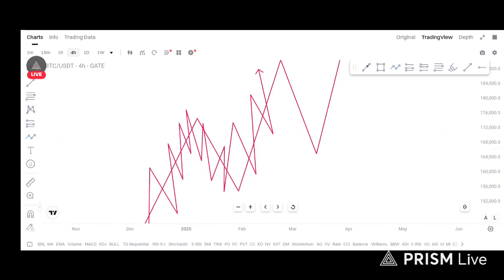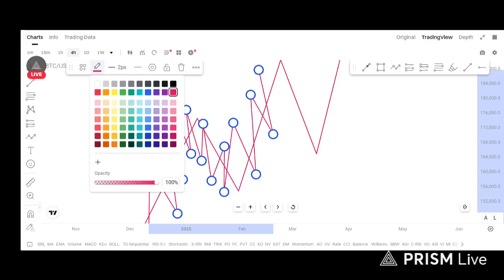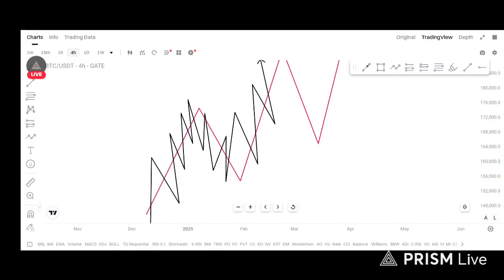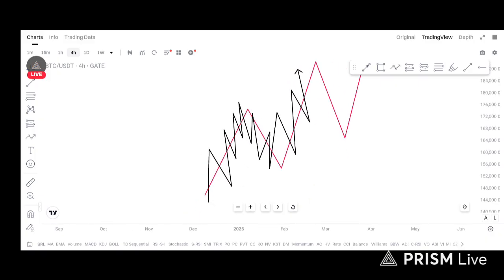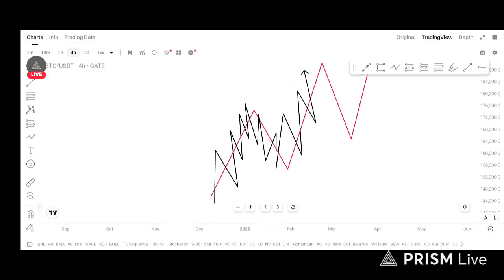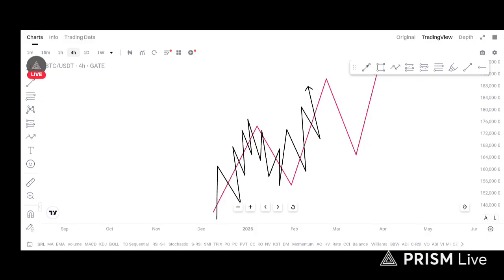Okay, so let's change this to black so that we have some uniqueness here. Now, when do you know that a pullback is over and a continuation is about to continue?